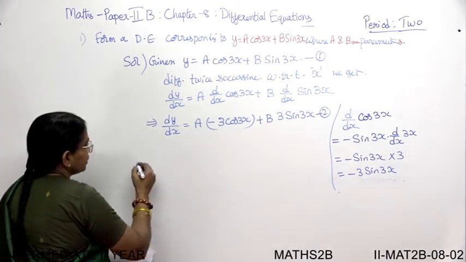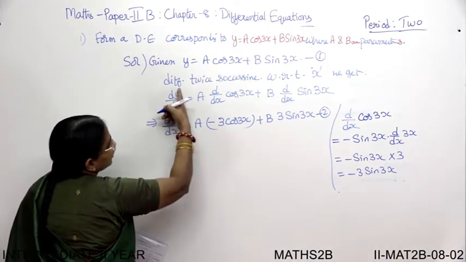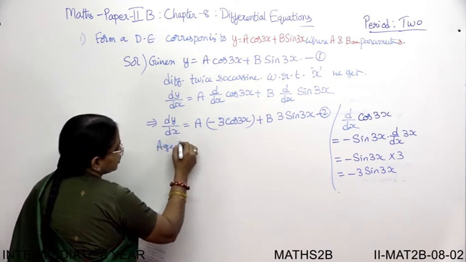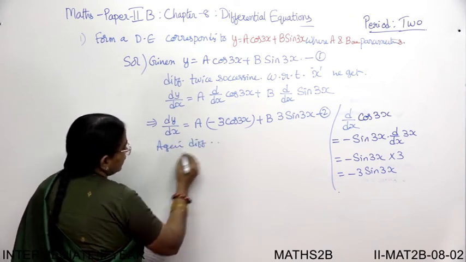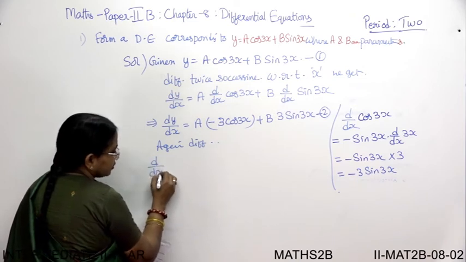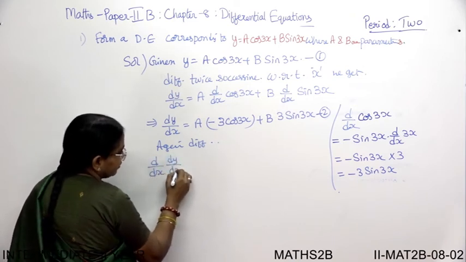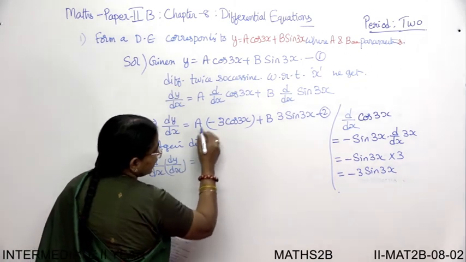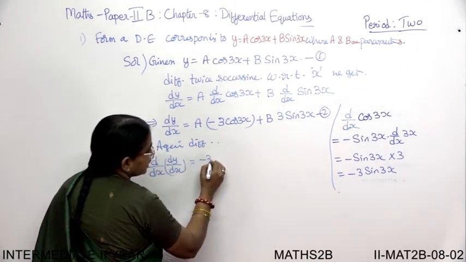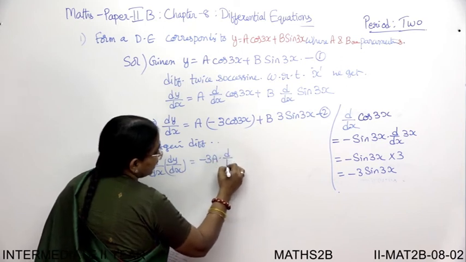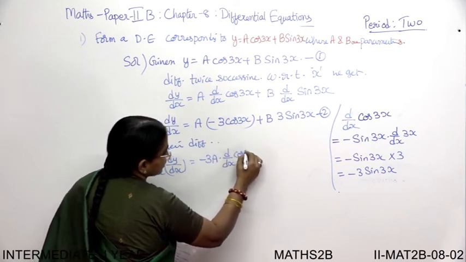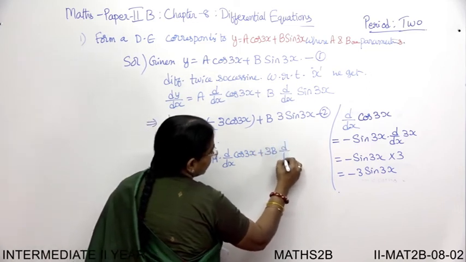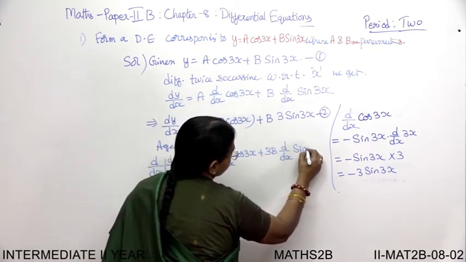Now again differentiating successively. We'll write again differentiating d by dx of dy by dx is equal to minus 3a, we'll write outside, minus 3a into d by dx of cos 3x plus 3b into d by dx of sin 3x.